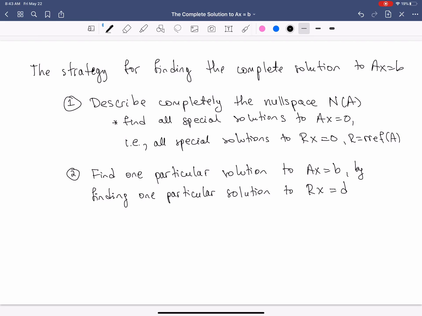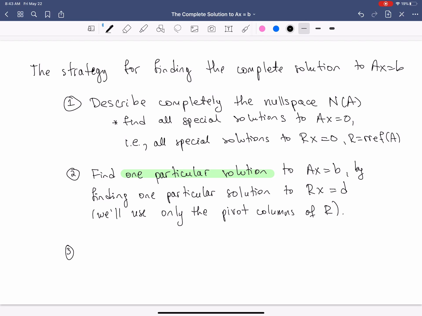So maybe I can say that we'll use only the pivot columns of R. Now, it is not necessary to only use the pivot columns, but it would be the easiest because we are only trying to find one particular solution. We don't need all of them. We only need one. Once we do that, then we have the entire solution.